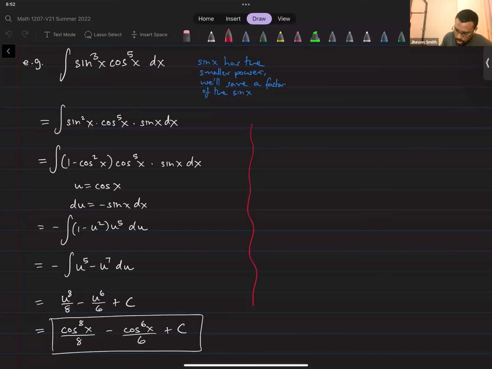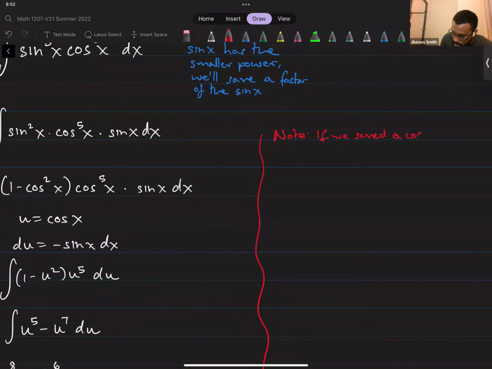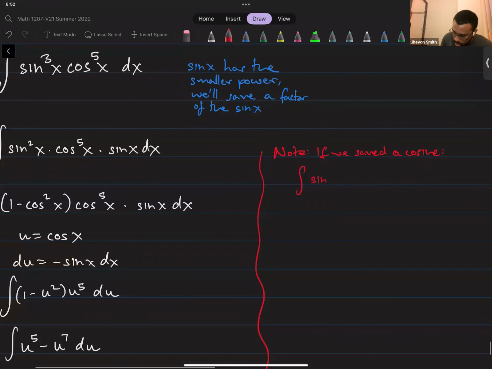Now note, if we saved a cosine, what would have happened? You would have an integral of sine cubed times cosine to the 4th times a cosine.